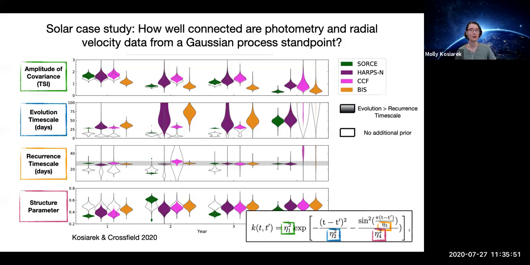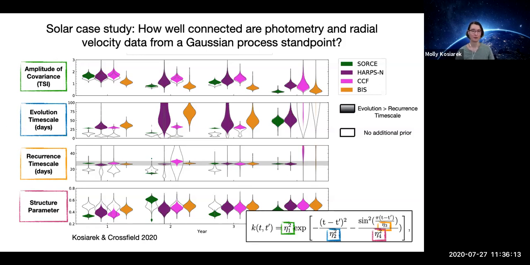So each parameter is a different horizontal panel, and the years go from left to right, 1 to 4. The shaded sections have the additional prior constraining the evolution timescale to be longer than the recurrence timescale, and the outline is without this prior.